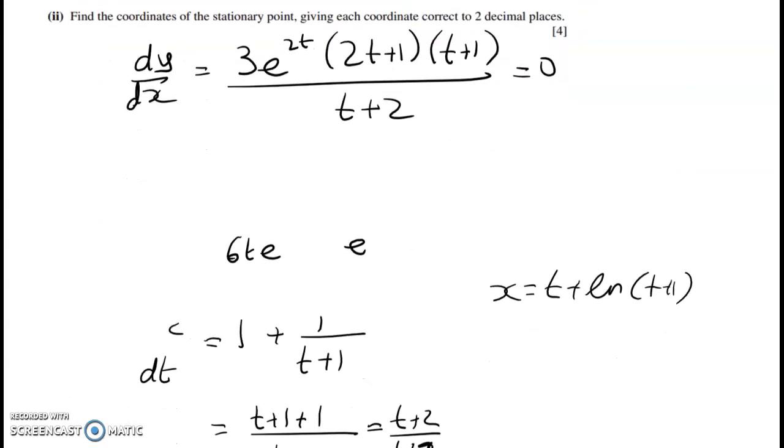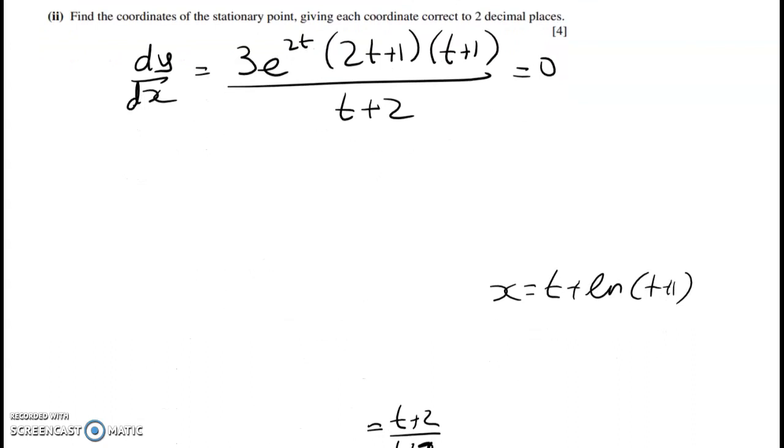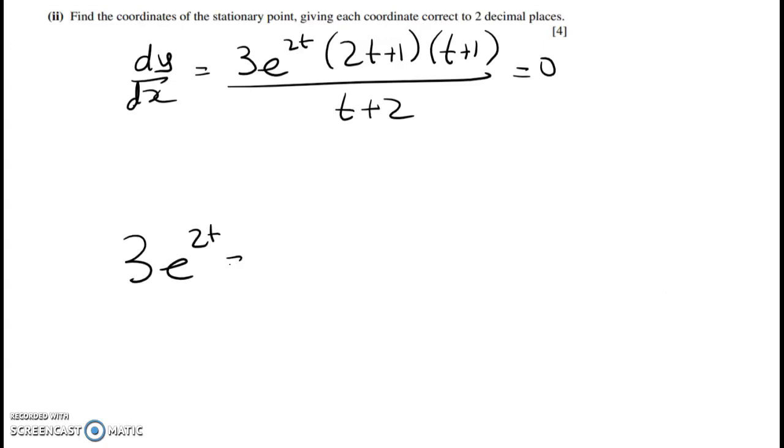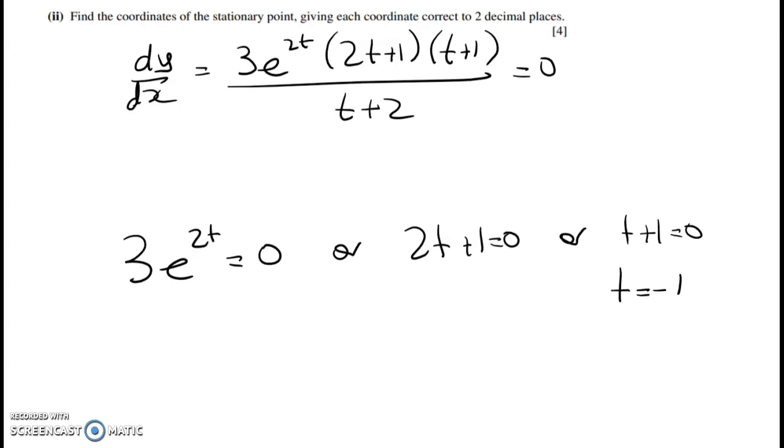So what are my possible values here going to be? Well, look, the denominator doesn't matter. We just can't have it equaling 0. So we either have 3e to the 2t equals 0, or 2t plus 1 equals 0, or t plus 1 equals 0. So t equals -1.